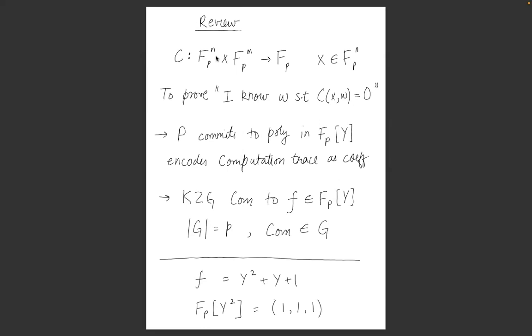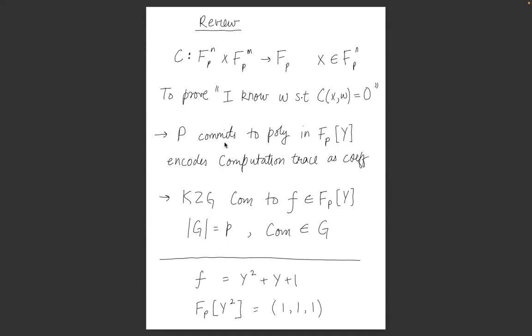Again, our circuit is defined over some statement x, which is just an n-tuple of field elements, and over some witness w, which is just an m-tuple of field elements. Now the prover has to prove that he knows some witness such that the circuit outputs 0.